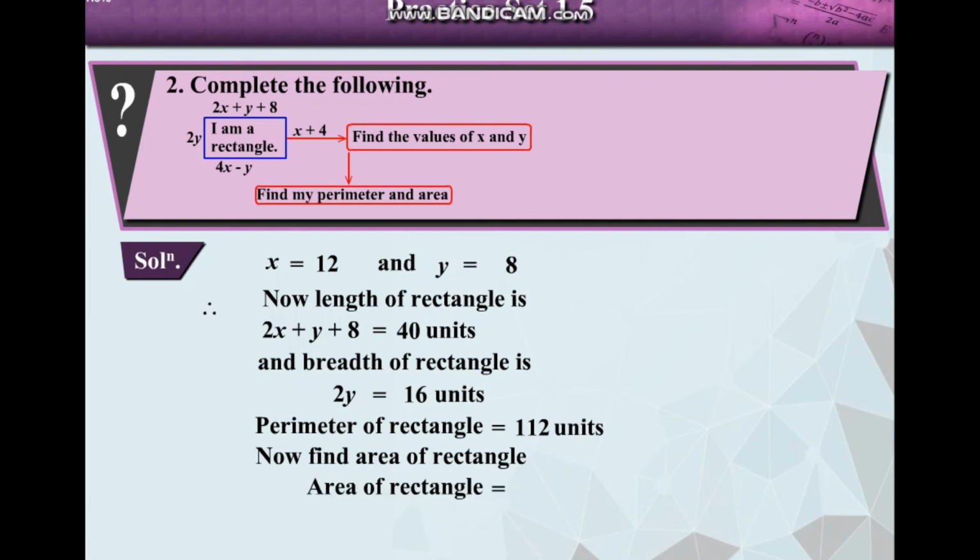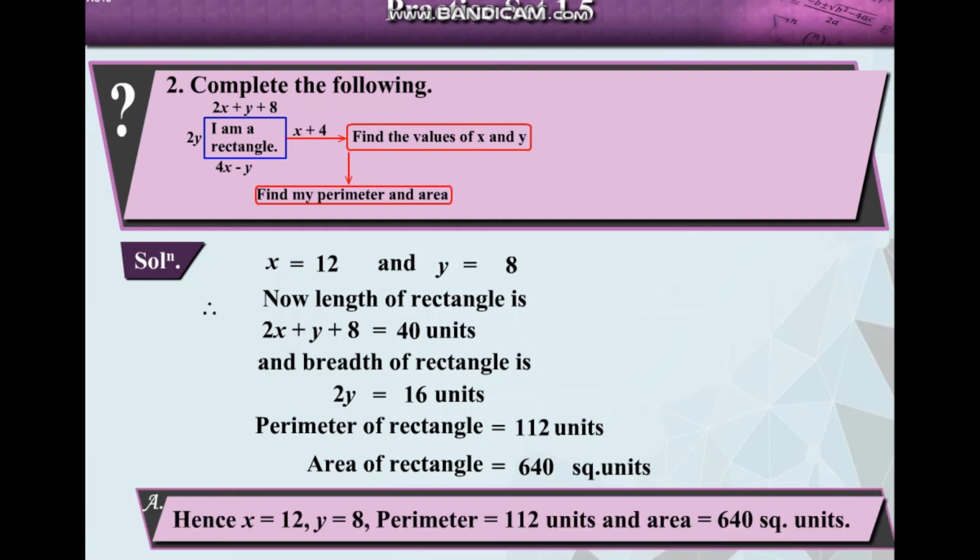Area of rectangle is equal to length multiplied by breadth, which is equal to 40 multiplied by 16, which is equal to 640 square units. Hence, x is equal to 12, y is equal to 8, perimeter is equal to 112 units, and area is equal to 640 square units.